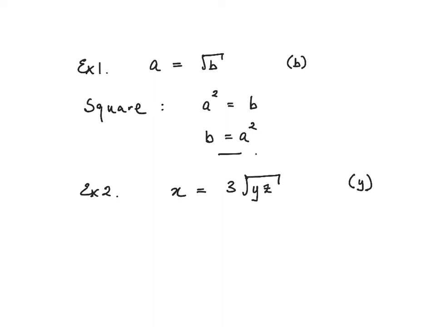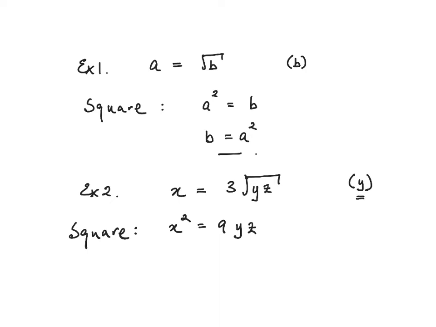Now I'm going to square both sides, and that gives me x squared here. I've got to square the 3, that gives me a 9, and if I square the square root, I just get yz.